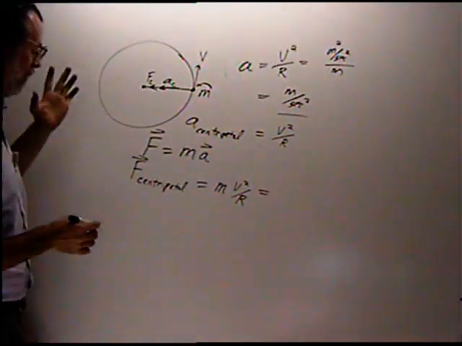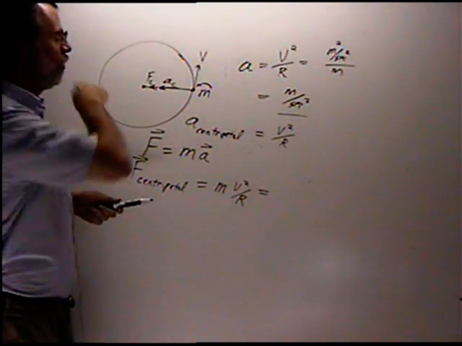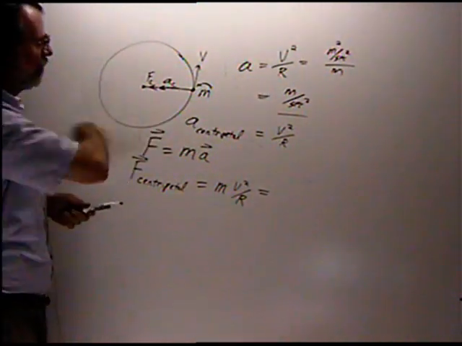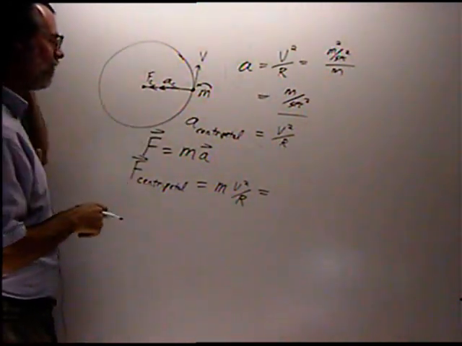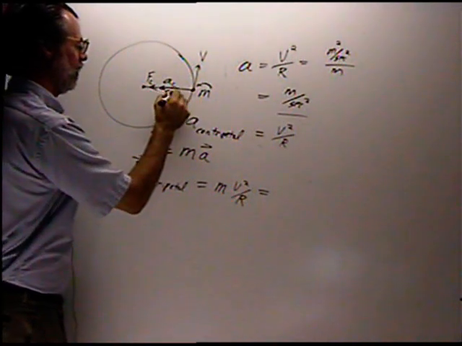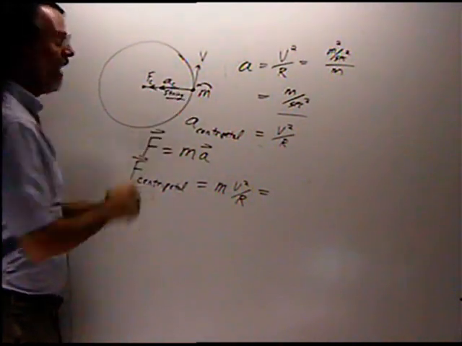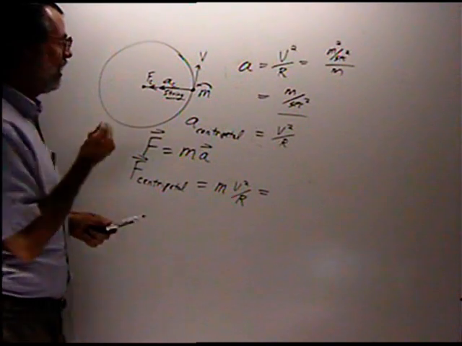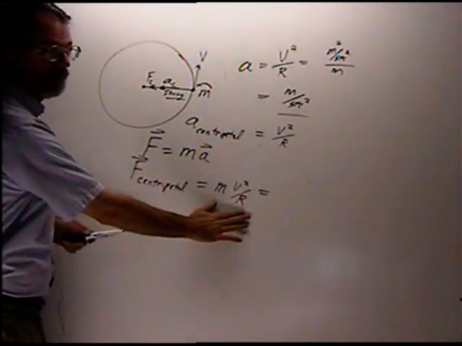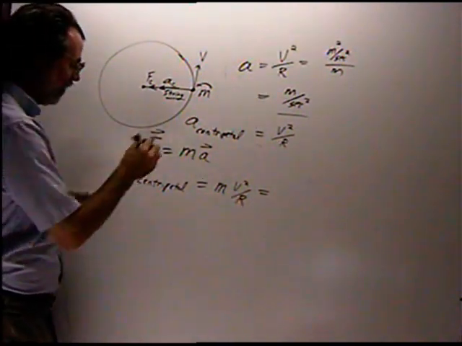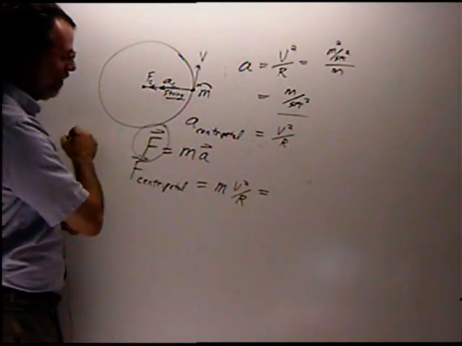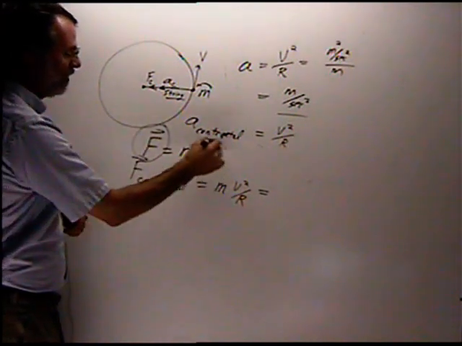What this means is essentially this. If you're spinning a rock around in a circle with a string, you have to supply a force, and that force is the centripetal force. If you supply the force, then the acceleration will follow.